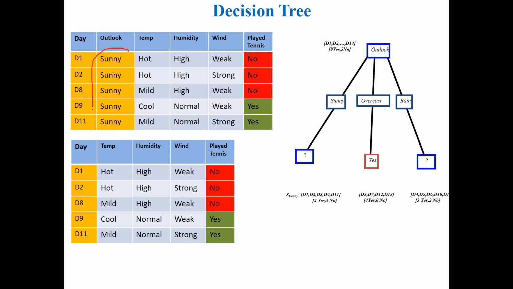Considering this as a whole data set, now we will find the information gain. Again, we will find the information gain of temp, humidity and wind over this sunny. Okay, so now we remove this block, because now we are going to consider this as our main attribute, and for that attribute we will find the information gain of temp, humidity and wind.